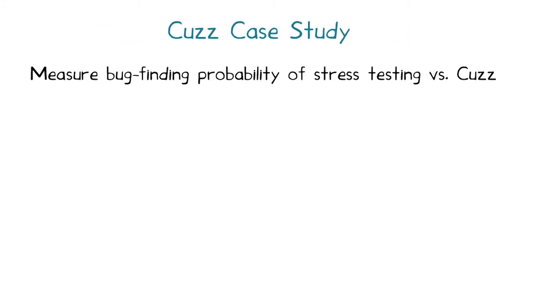To better appreciate the amount of resources needed to find concurrency bugs using Cuzz versus stress testing, let's look at a case study that the developers of Cuzz conducted to find a concurrency bug in a certain program.